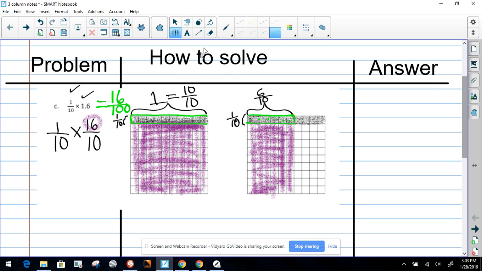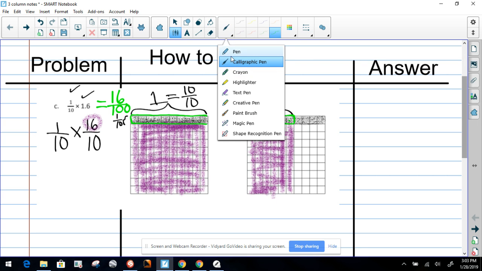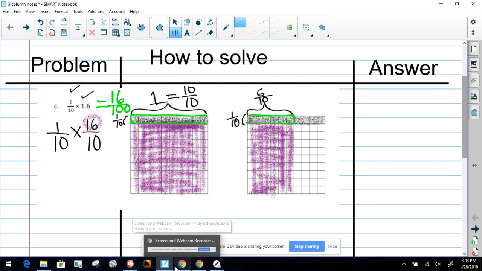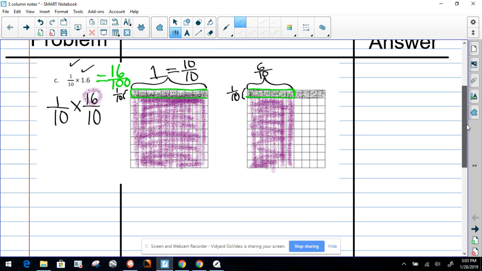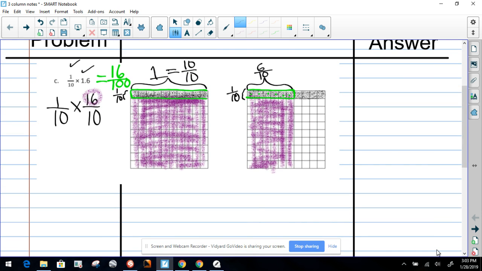That's 160. Okay, now let's look at how we solve this with multiplication, and let's see if it matches the answer. If we grab the number 1/10 times, instead of using the decimal number, we're going to use the mixed fraction, which is 16/10.